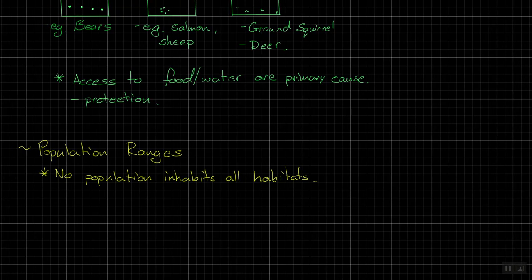So we have seen three characteristics at this time that we use to discuss populations. Give me one of them. Spatial distribution. There are three patterns. Uniform distribution. Okay, give me another.